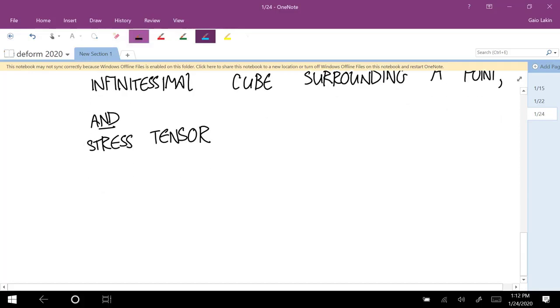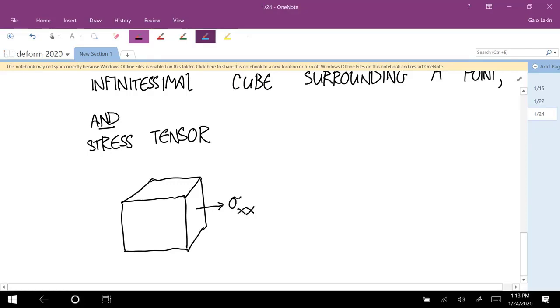And the relationship looks like this. So here's the stress cube. And each one of these faces has 3 components of force per area acting.